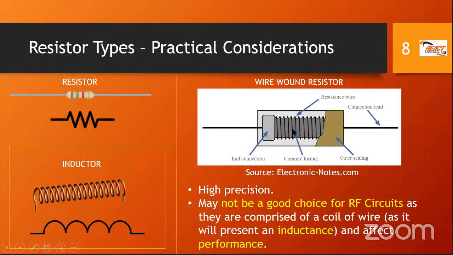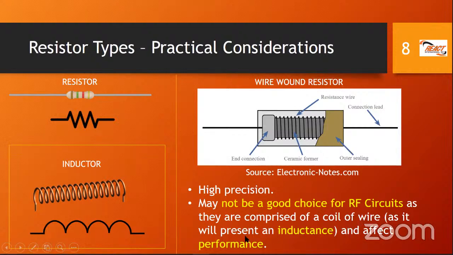So we have to be mindful when we are using resistors that we choose the correct type and we do not introduce a component that has values that we did not want. So we say that the wire-wound resistor is very high precision, but it may not be a good choice for radio frequency circuits because it is comprised of a coil of wire.